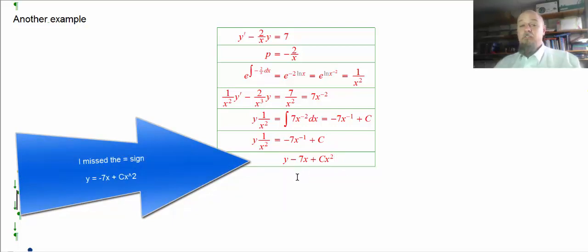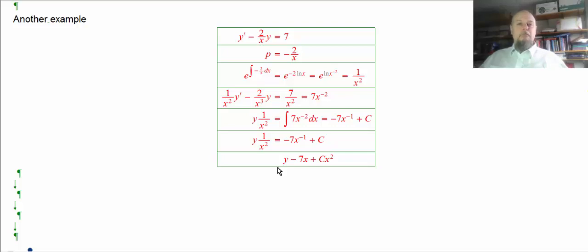Let's do another example, because this technique is extremely important. I know the final exam's quite a ways away, but guaranteed there's a y prime plus py equals q type, a first order linear differential equation to solve. Guaranteed this is on the final exam. Guaranteed this would be on a midterm.